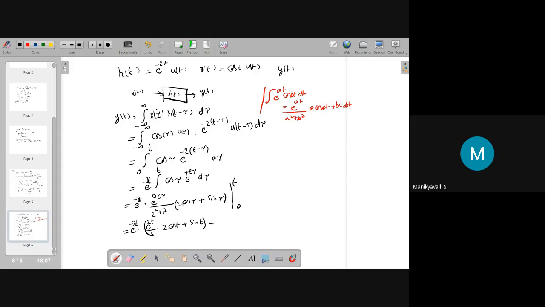Here 2 only we will get, right? So we will get 2 by 5.